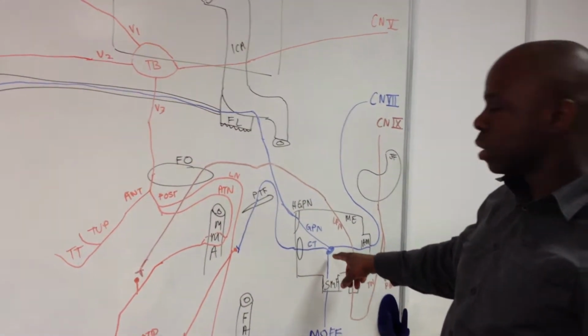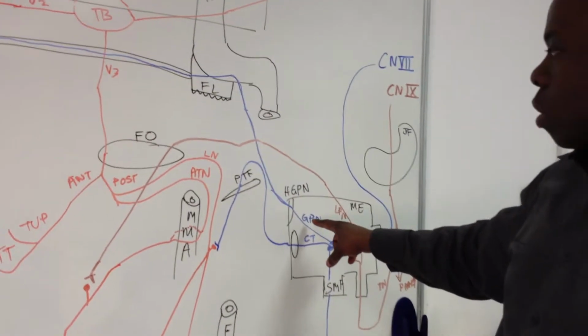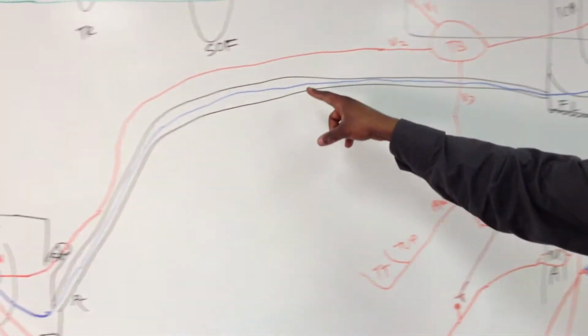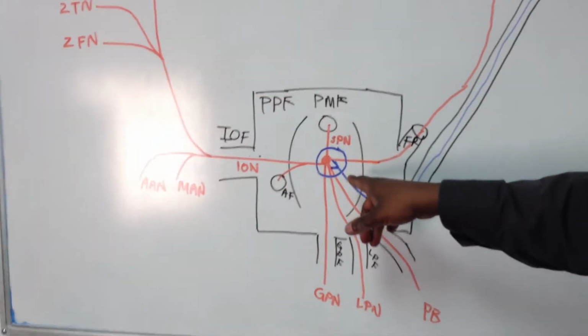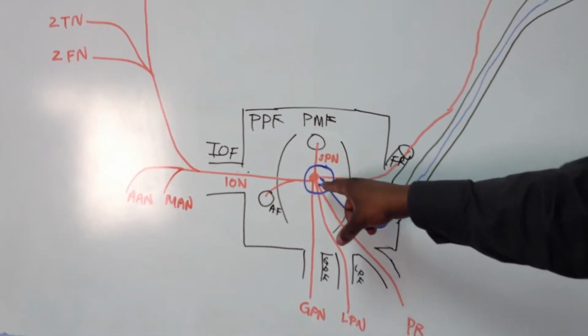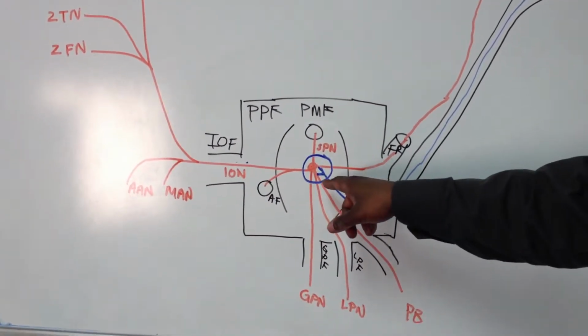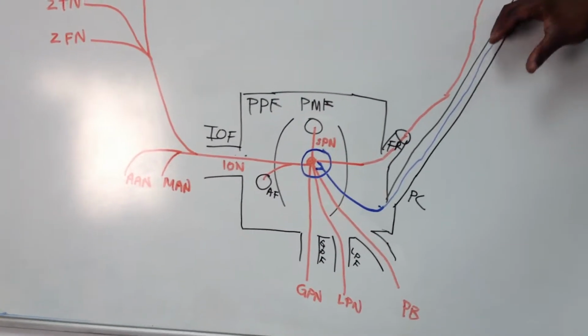After it gets divided, it's going to send a branch, which is the greater petrosal nerve. Up it goes through the pterygoid canal, and then comes down into the pterygopalatine fossa. In the pterygopalatine fossa, it's going to meet and find the pterygopalatine ganglion.